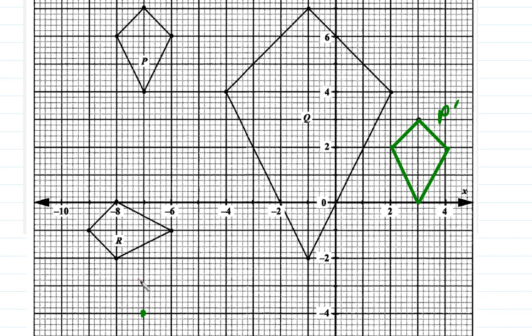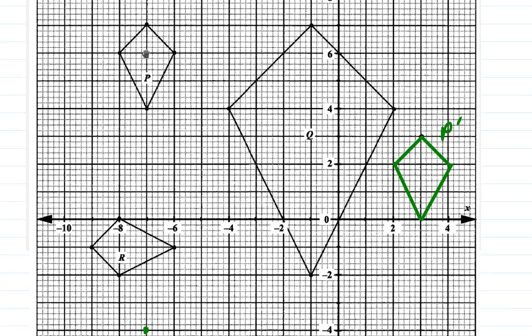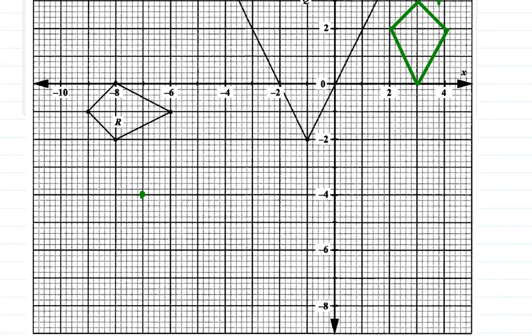Whatever is on the left is going to end up on the right. But in this case, whatever is on the top will end up at the bottom. So how tall is the triangle again? 1, 2, 3. So the other end will be here.